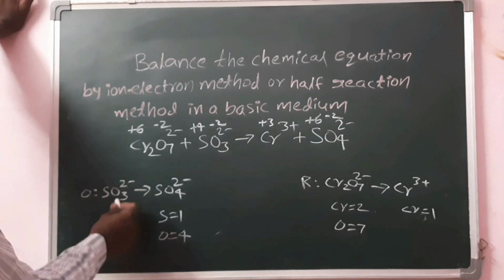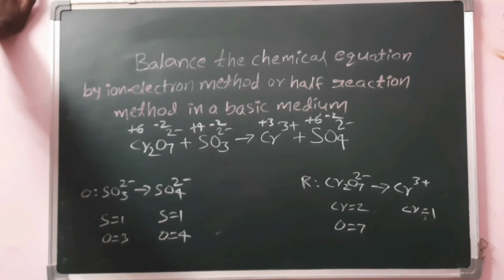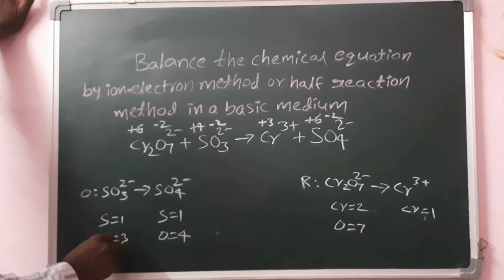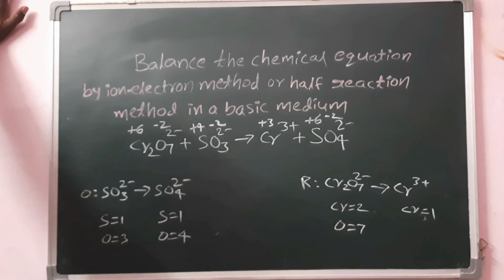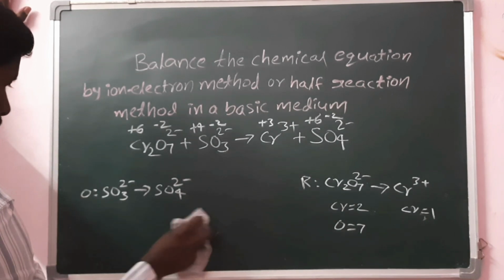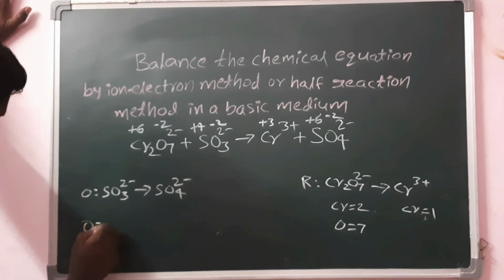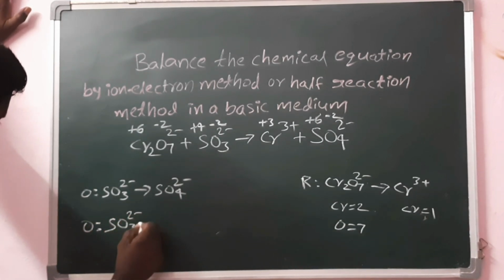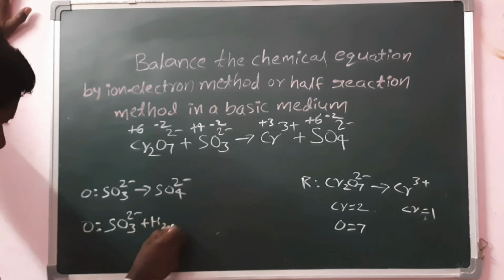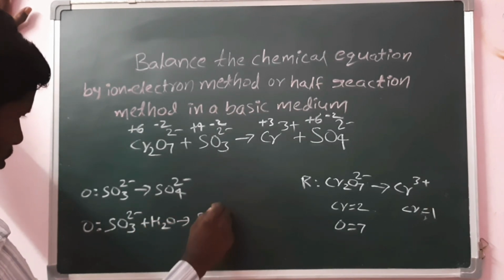So in the oxidation half reaction, sulfur atoms are already balanced. Now to balance the oxygen atoms, we can add water molecules. Now we can write SO3 2- plus H2O gives us SO4 2-.